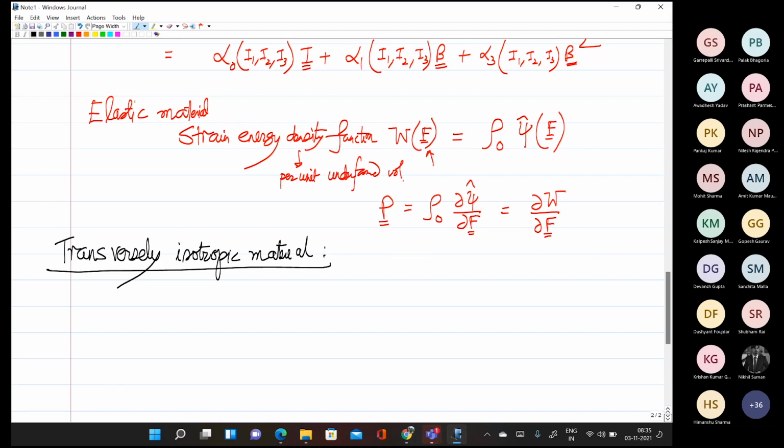Or let us say, what will the symmetry group of this material look like? So we know that symmetry implies that psi hat of F is equal to psi hat of FH. So what will that H be for transversely isotropic material?